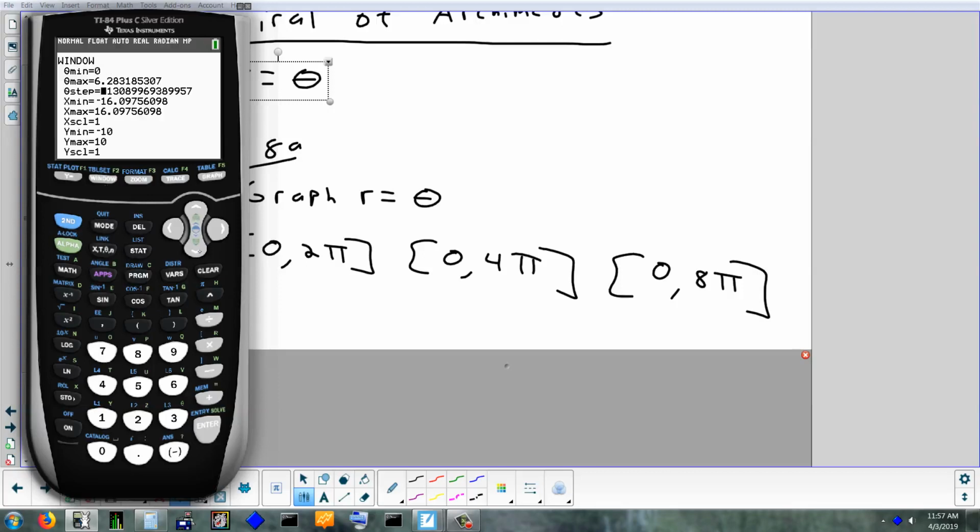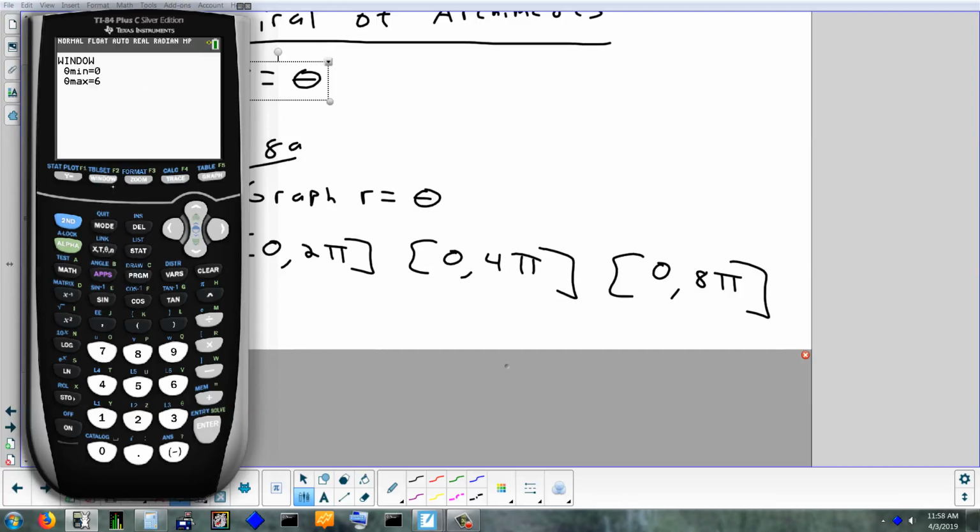You've got to set your theta step to a decent value. If you do it at 1, watch what happens. It doesn't really look good. You didn't plot enough points for it to make a nice smooth spiral. I would probably set it to like 0.1.